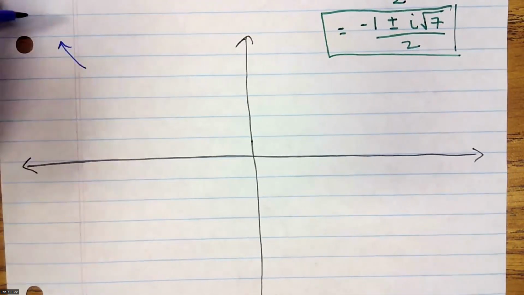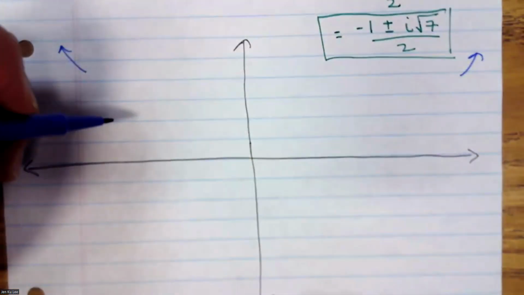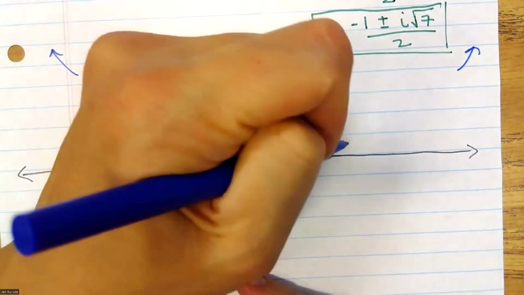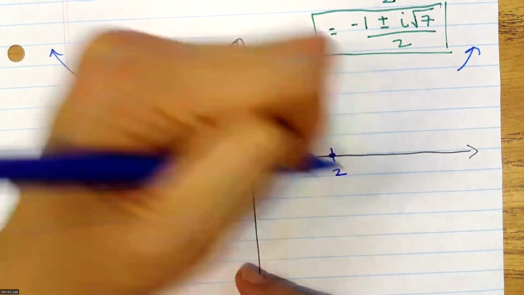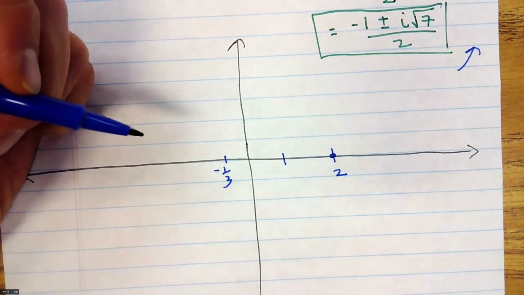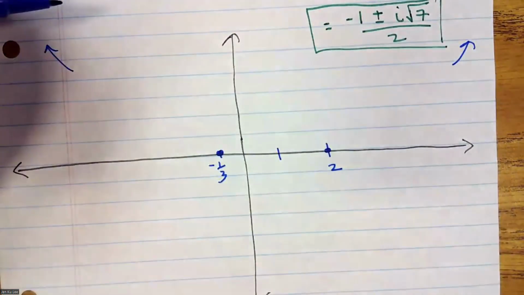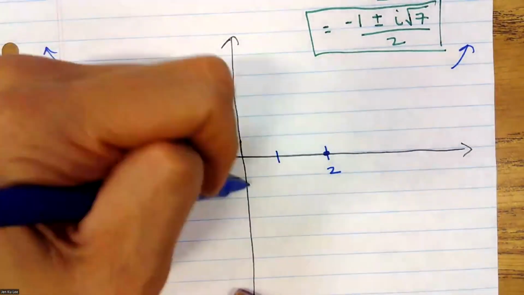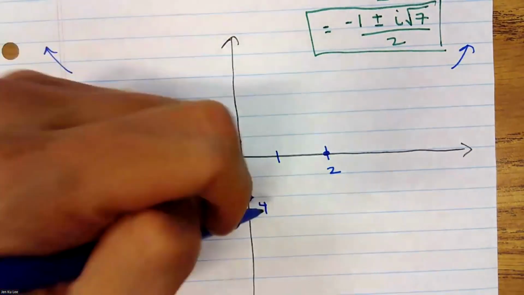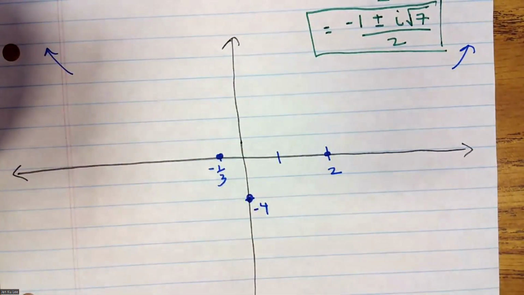Up and up. Okay. This would be 2, and this is negative 1/3. And then my y-intercept is negative 4.